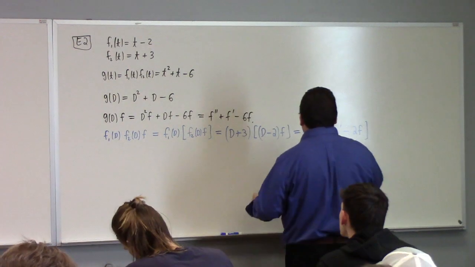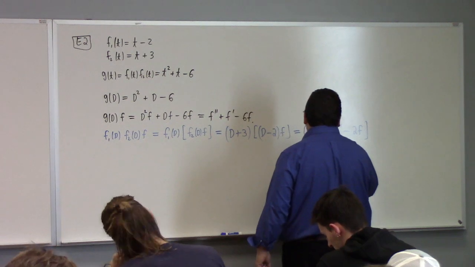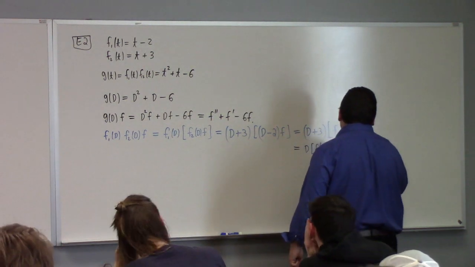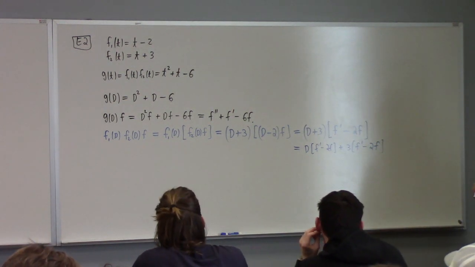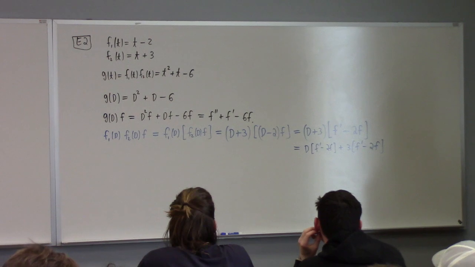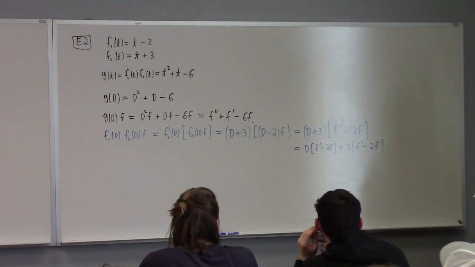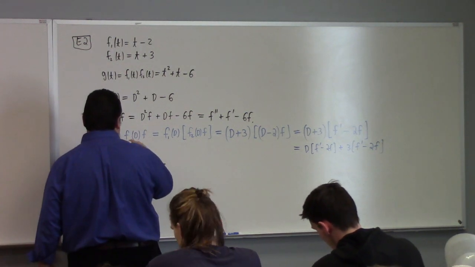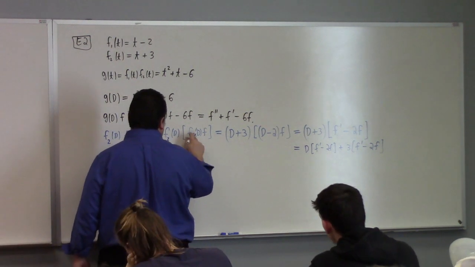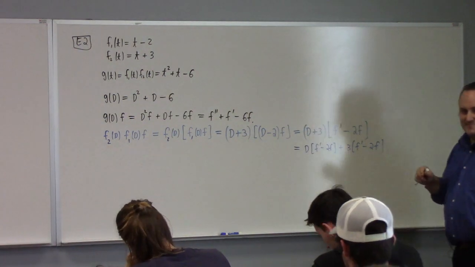So, this is, by definition, d times f prime minus 2f plus 3 times f prime minus 2f. For f1 and f2, f1 is d minus 2, and you have this plus 3. Did I flip them? Oh, I'll fix it. Thank you. We good? Okay.